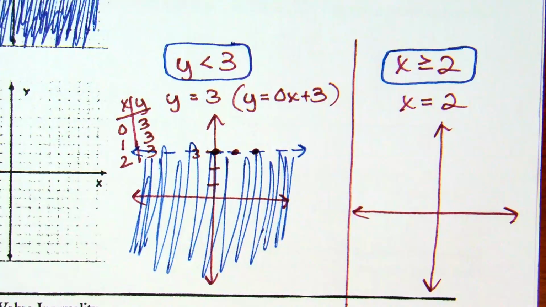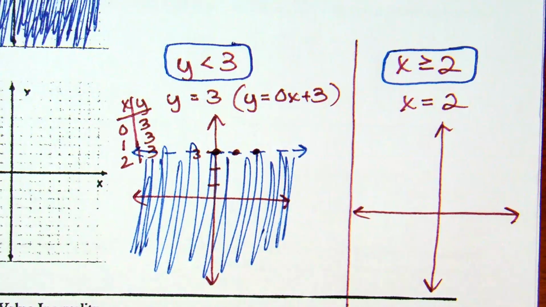But I could talk xy chart. If you are an xy chart person, if it says x equals 2, what's that mean? All my x's are 2. 2, 0, 2, 1, 2, 2. So if we think about it like that, then I've got a point at 2, 0, 2, 1, 2, 2.